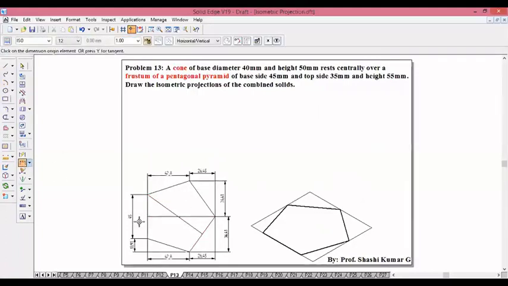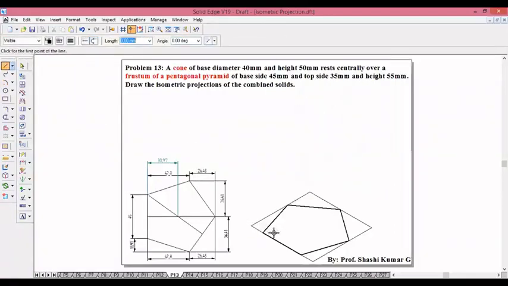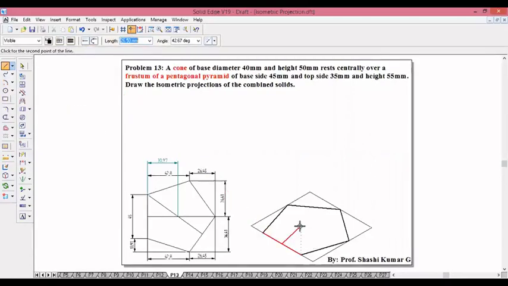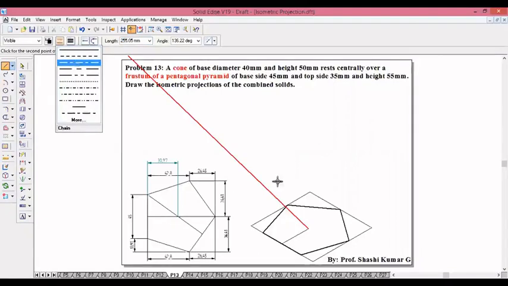Now measure the distance from this midpoint to this intersection, which is 30.97. From here you take a thin line, 30.97 at an angle of 30 degrees. From there you take the axis of the frustum of the pentagon pyramid.